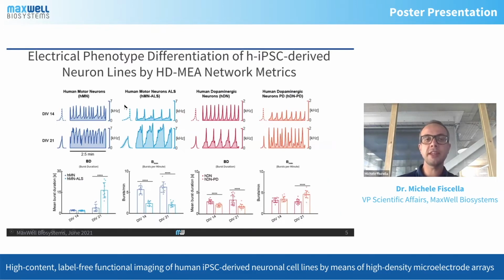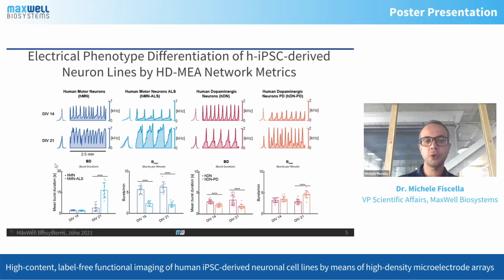We've also studied the electrical activity of human neurons modeling neurological disorders like amyotrophic lateral sclerosis or Parkinson disease. We compare the population spiking activity, or burst activity, of human motor neurons to amyotrophic lateral sclerosis neurons, and human dopaminergic neurons versus Parkinson disease neurons at two different days in vitro, 14 and 21.